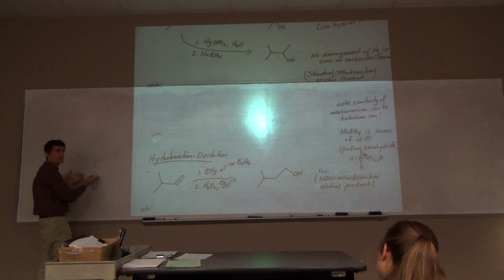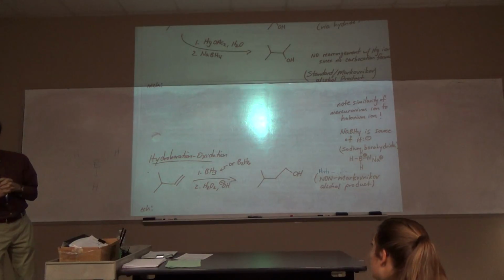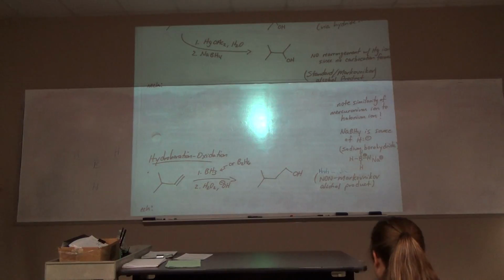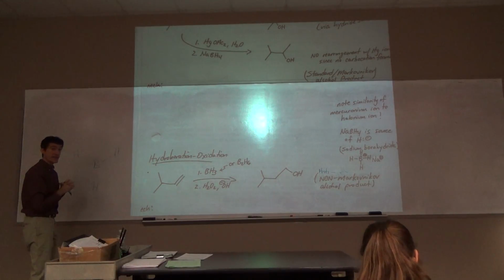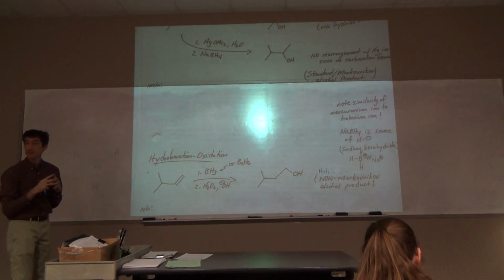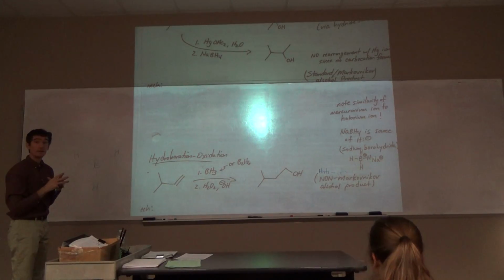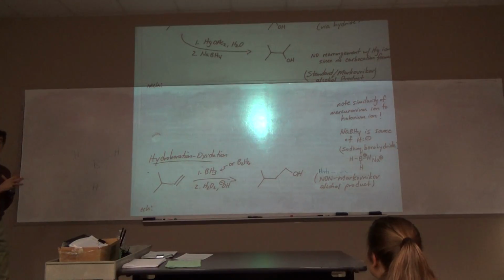And what do you call something that accepts electrons? You can call it electrophilic. What do you call it in Gen Chem? Yes, a Lewis acid. What's the definition of a Lewis acid? It accepts an electron pair.